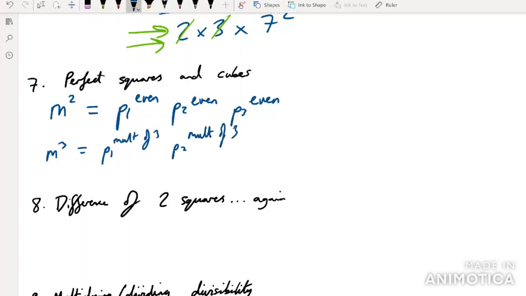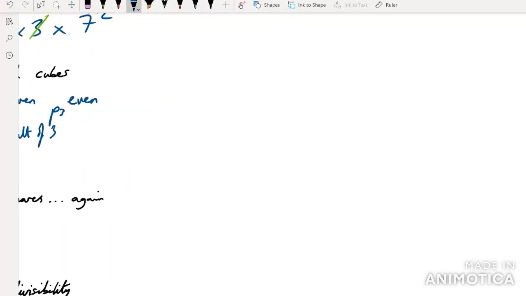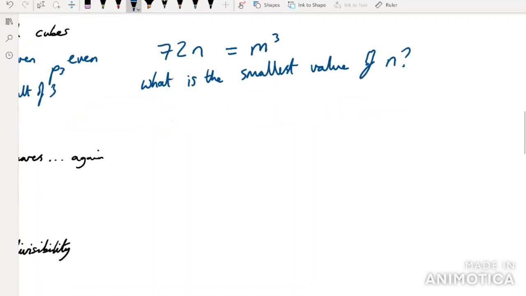So to show you why that's so helpful, let's say, returning to our earlier example, 72 times n equals m cubed, what is the smallest value of n? Well, just following the rules, we prime factorize first, without necessarily knowing why, just because that's how it's done.